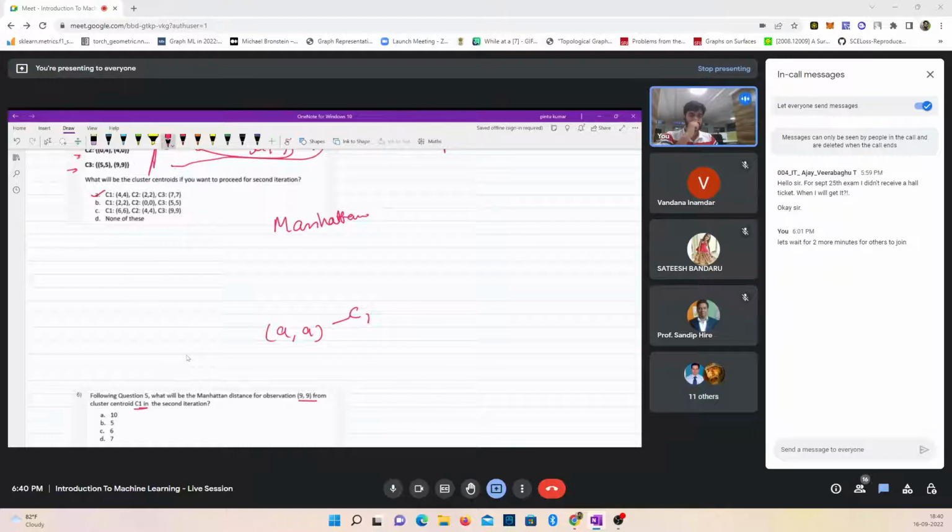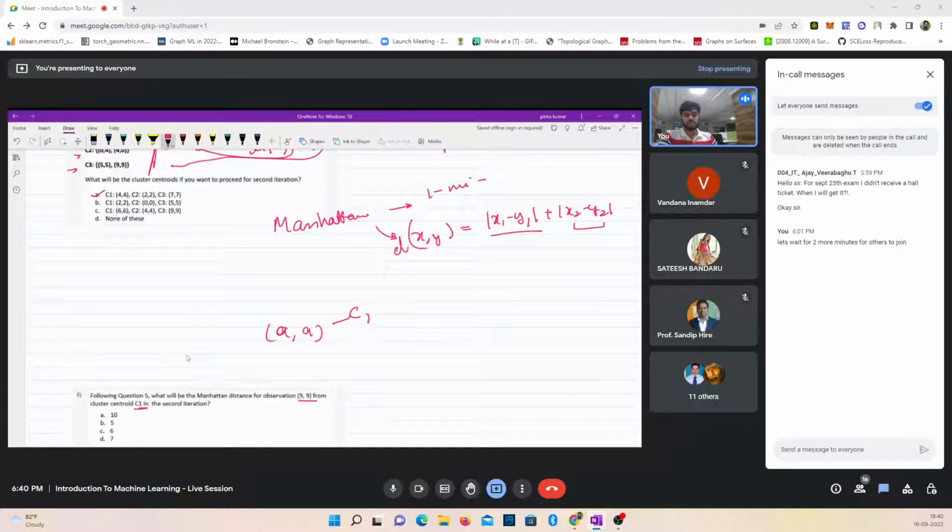Say you have 2 data points, x and y. Then the Manhattan distance between x and y is mod of x1 minus y1 plus mod of x2 minus y2. You need not take a square root or anything. You just take the difference of the first position, take its mod, and add it to the difference of the second position, again with the mod.